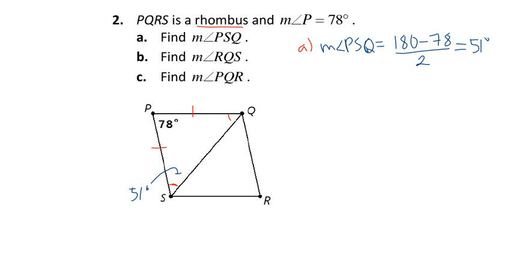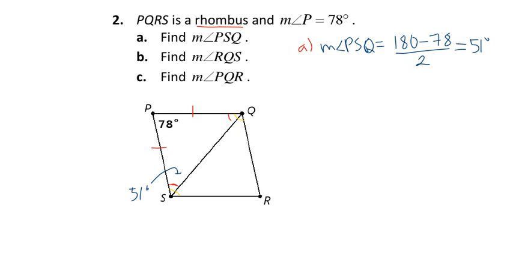So initially, this big angle here at vertex S would be equal to this big angle here at vertex Q. And not only that, we know that in a rhombus, the diagonal bisects the angles. So if this part is 51, and we know that this is also 51, this part should also be 51.